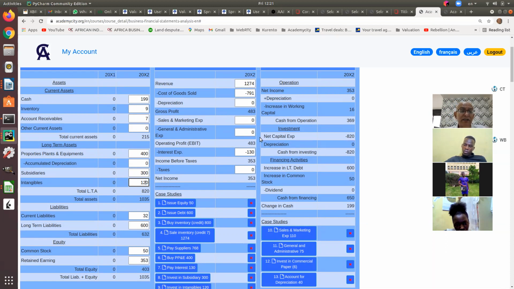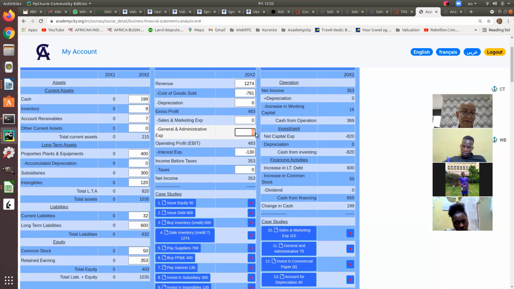One of which is sales and marketing, anything that has to do with promoting or advertising or using employees to go place to place and try to sell my shoes. The other category is when I pay rent for the buildings of the stores, when I pay my managers, and we call it general and administrative.